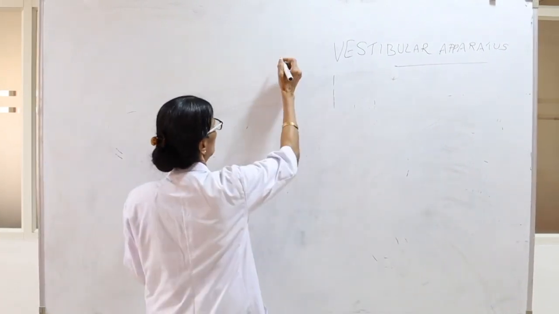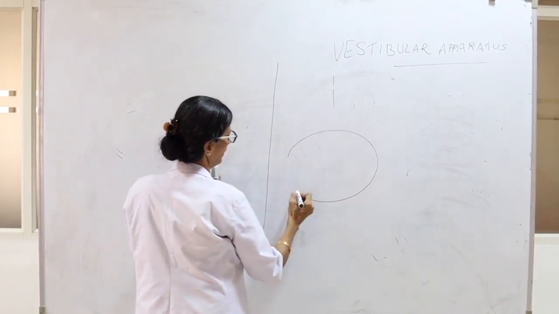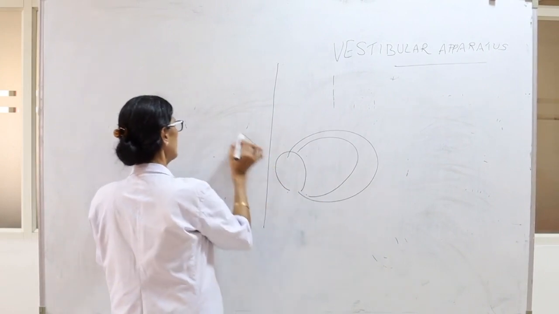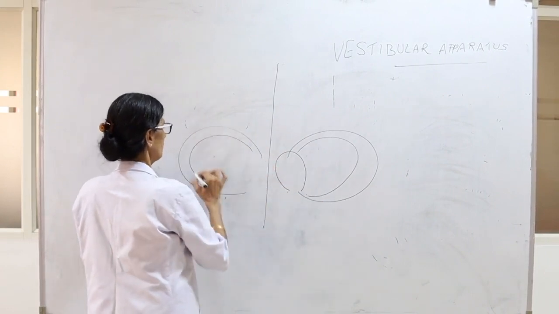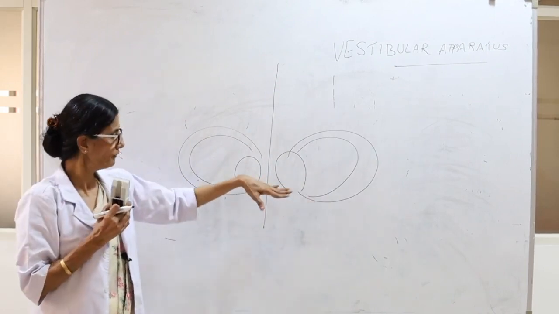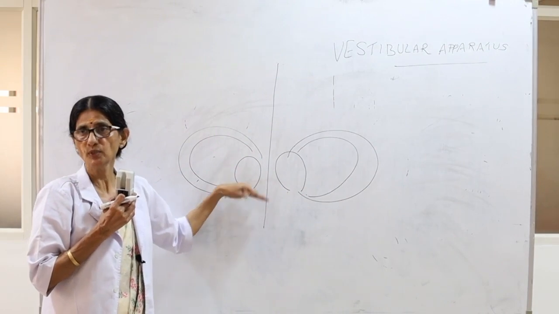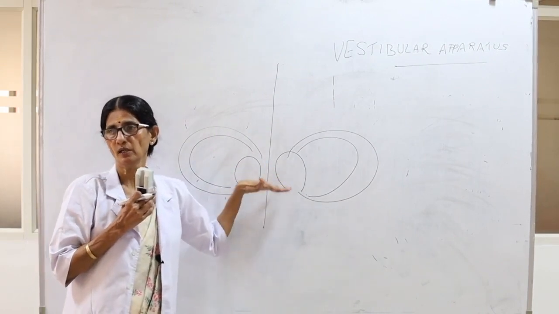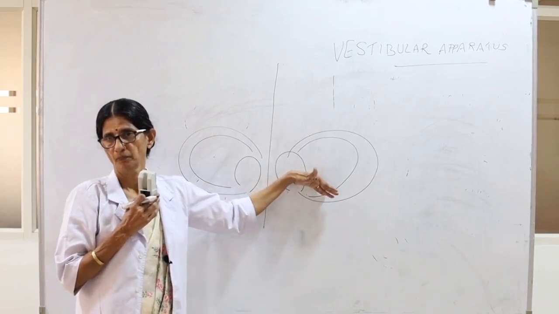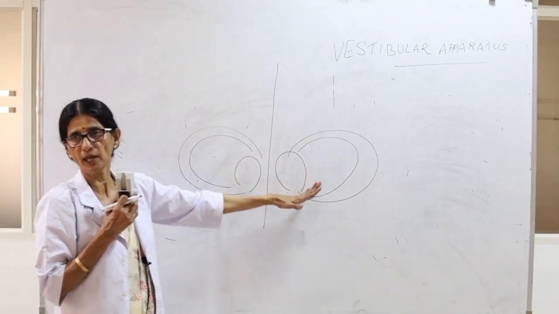Let us consider this as the midline where we have the horizontal canal with the ampulla at one end, and here again the semicircular canal with the ampulla at one end. It is a thickening of the epithelium of the membranous labyrinth which gives rise to the sensory organ. That is what is called the crista, together named crista ampullaris because it is located within the ampulla.